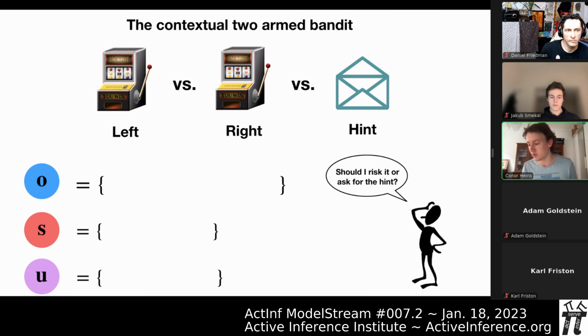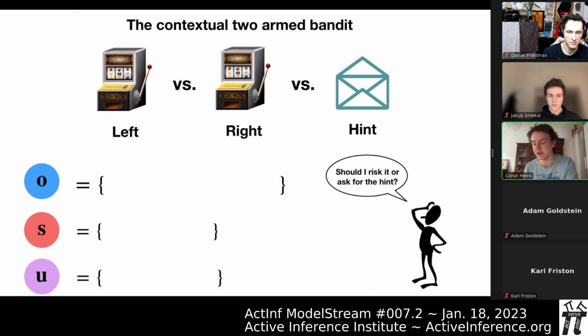So do you first forage for information that will ultimately lead to getting more reward, or do you gamble immediately in order to get reward sooner, but at the risk of not having enough information to know which slot machine I should actually play? So to encode this task structure into a generative model for pymdp, we equip the agent with three observation modalities.